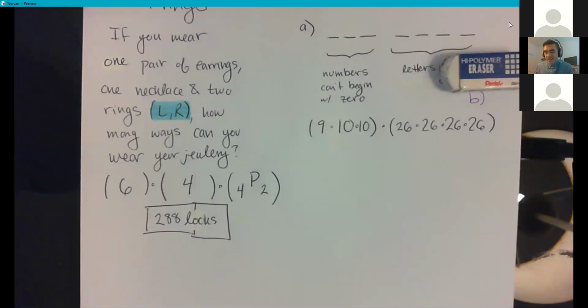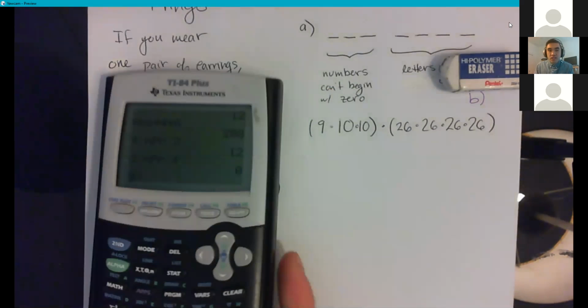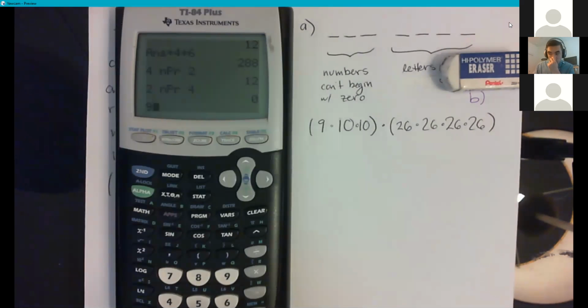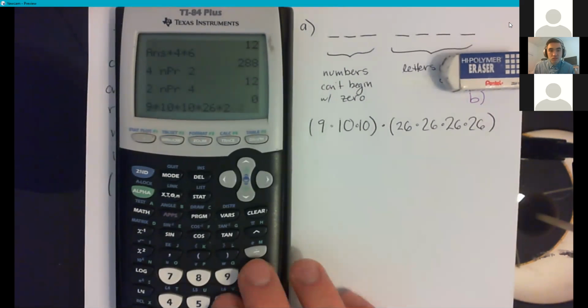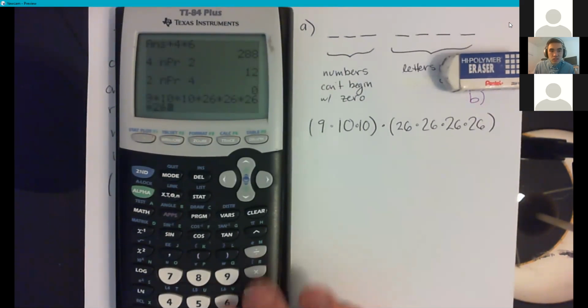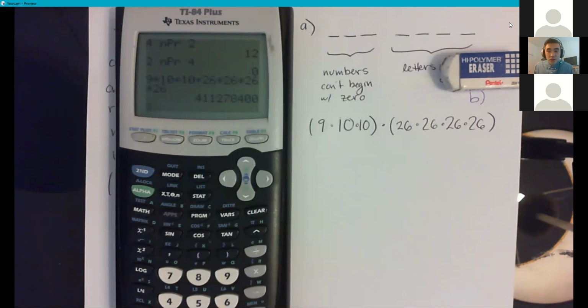So this is to say that the number of ways that this special government license plate can be written out is 9 times 10 times 10 times 26 times 26 times 26 times 26. A very, very large combination of numbers.